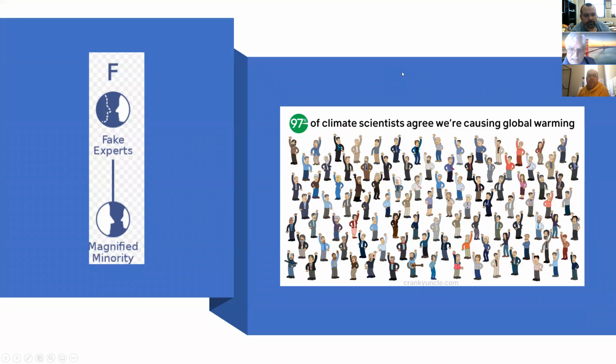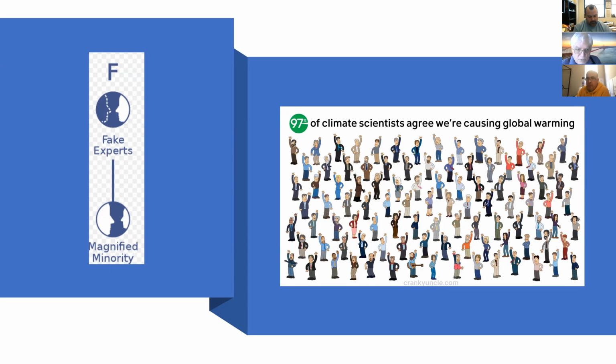So when we look at the climate consensus here, 97%, and this has been shown in several studies, 97% of the people who actually publish and do research in the area of climate science agree that the climate is changing and humans are the source of it.